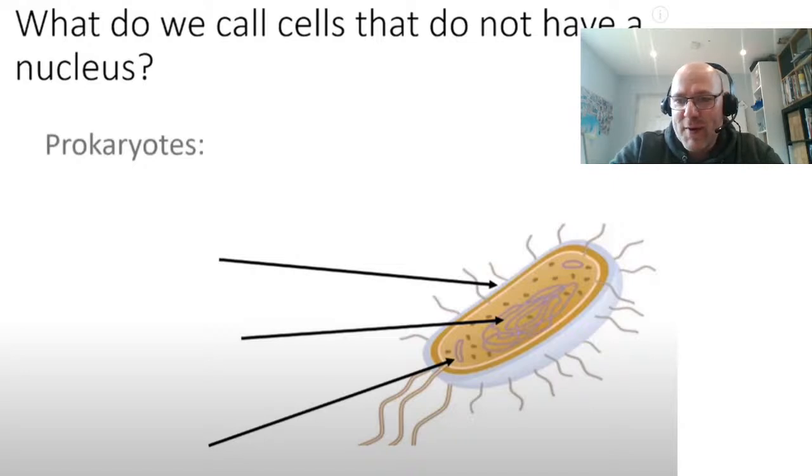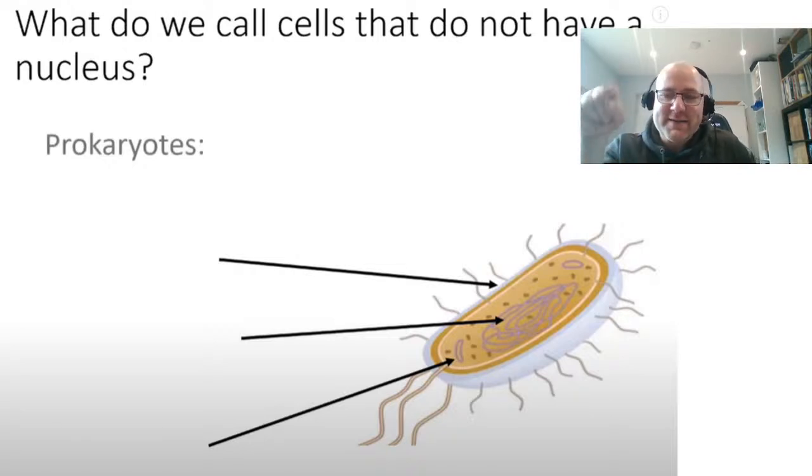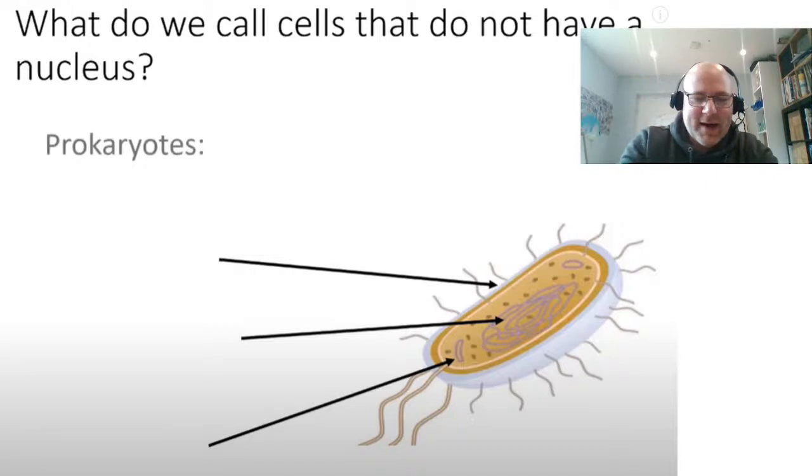Anyone know what we call the loose DNA in the middle? And then we've got rings of DNA. Yeah, they are like spools of DNA. The little rings are called plasmids. Have you heard of plasmids? They're the small circles.